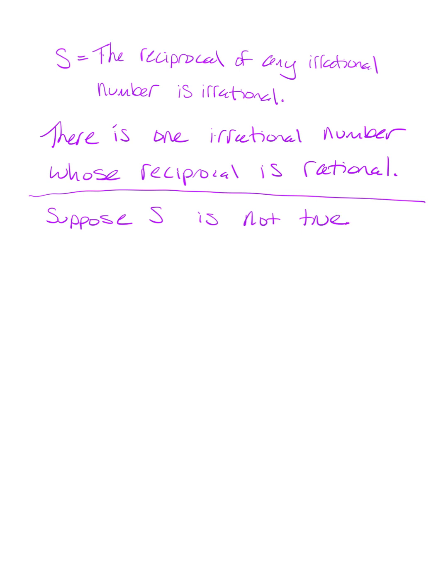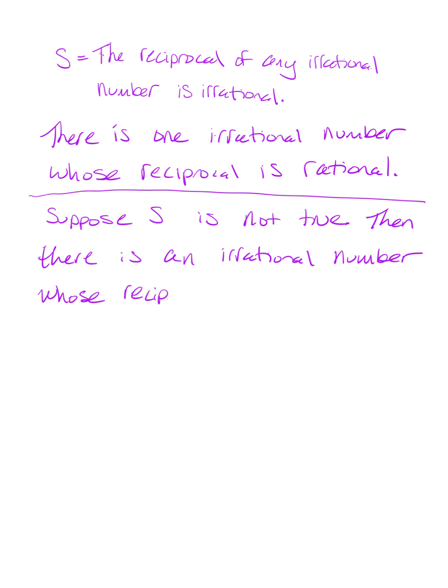Then that means there is an irrational number whose reciprocal is rational. Let's call this number that we are looking for, this irrational number whose reciprocal is rational, let's call this x.